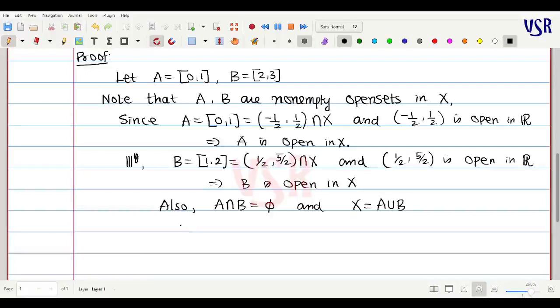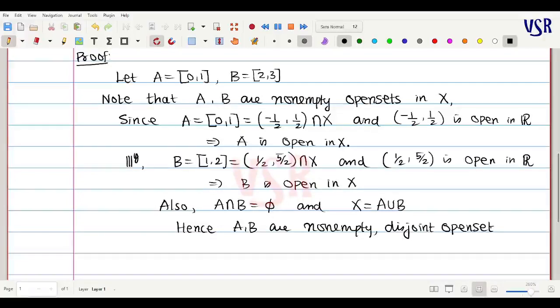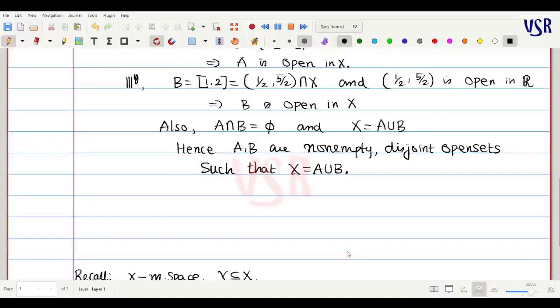Hence A and B are non-empty disjoint open sets such that I may write capital X is equal to A union B. இப்படி எழுத முடியும். Okay, that implies what? This implies that capital X is disconnected.